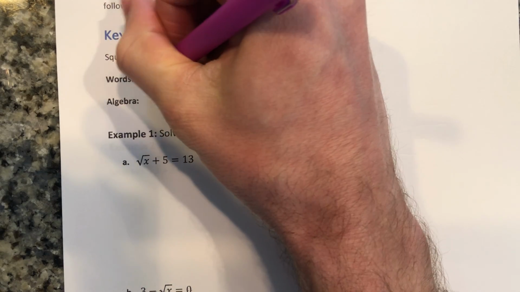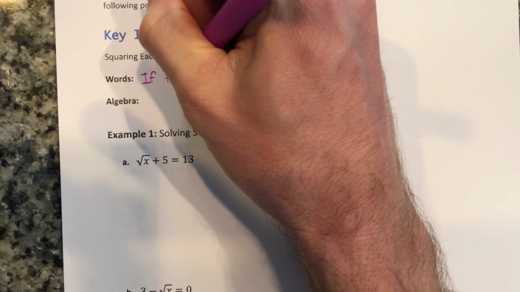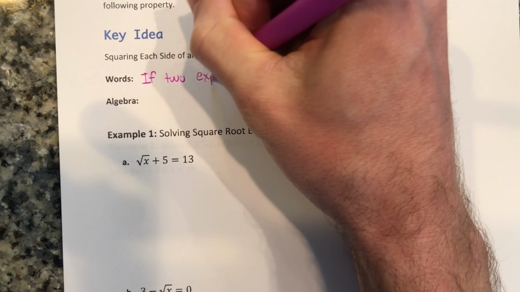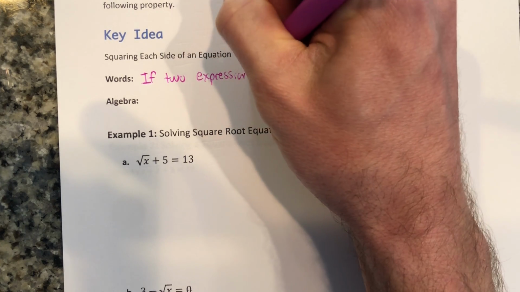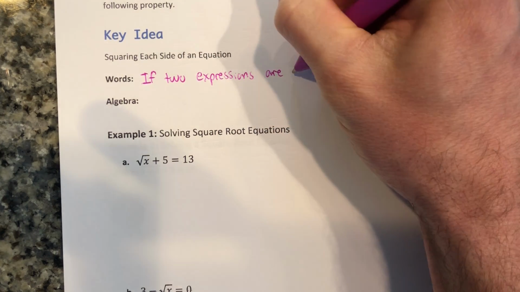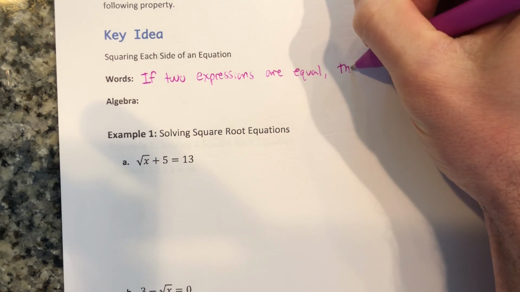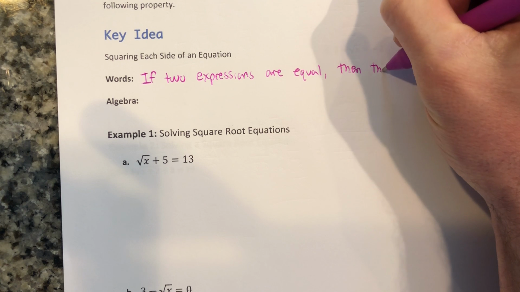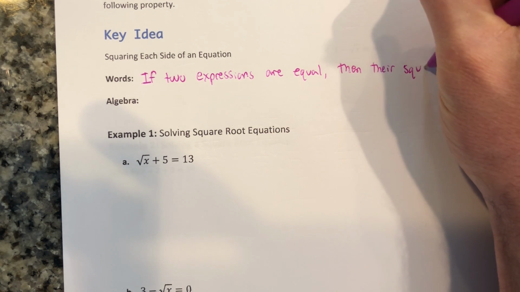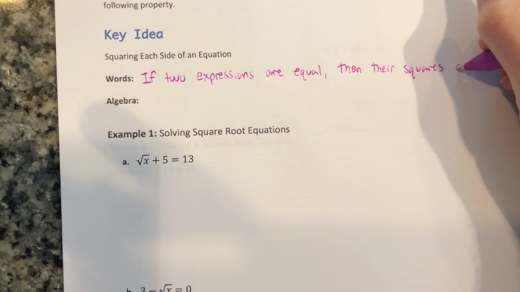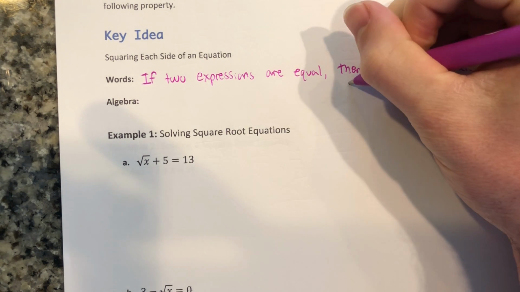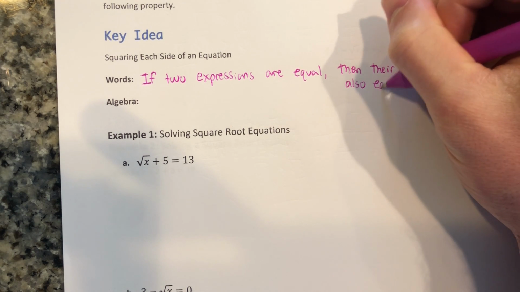So in words, if two expressions are equal, then their squares are also equal.